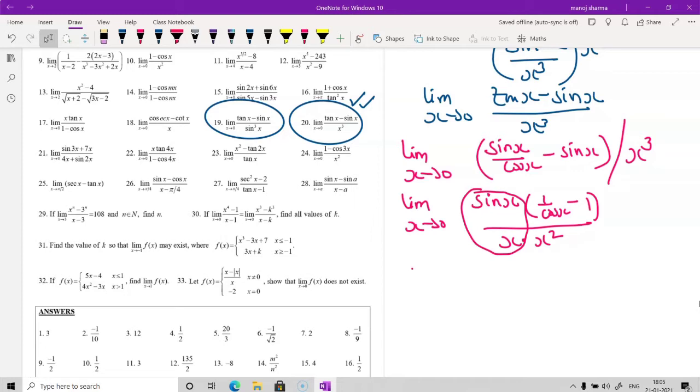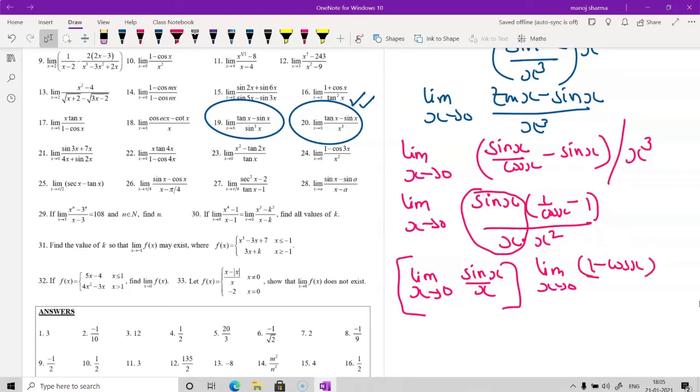So in the next limit I am dividing into two questions. This is sin x upon x, because the smaller the question is, the easier to understand. Now again, limit x tends to 0, it is 1 minus cos x whole upon x square into cos x.